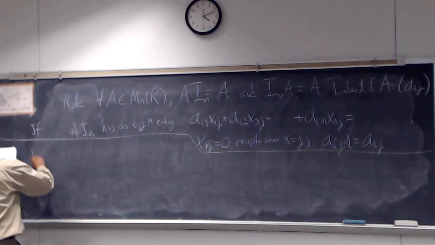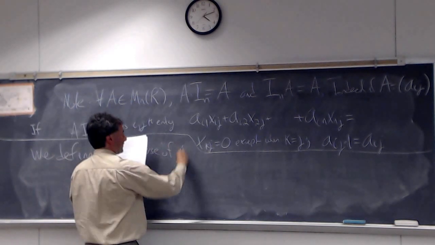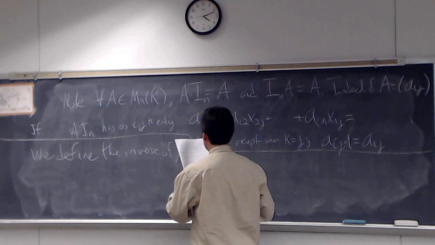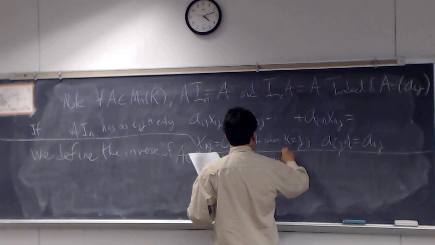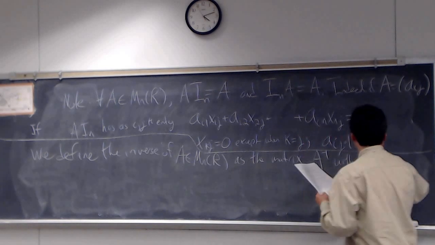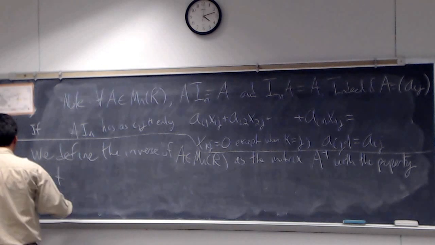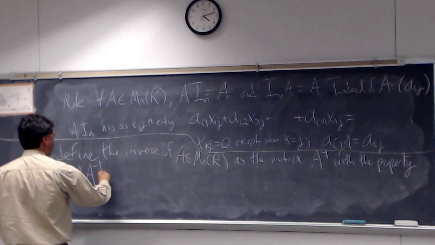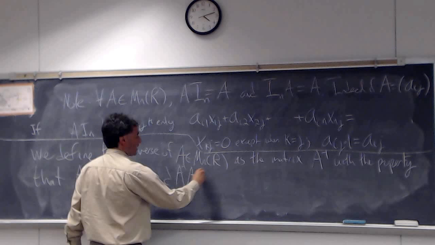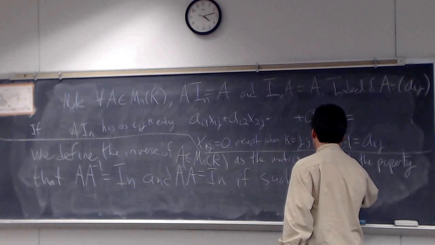And so what we do is we define the inverse of a matrix as the matrix A inverse with the property that A times A inverse takes you back to the identity, and A inverse times A also takes you back to the identity, if such a matrix exists.